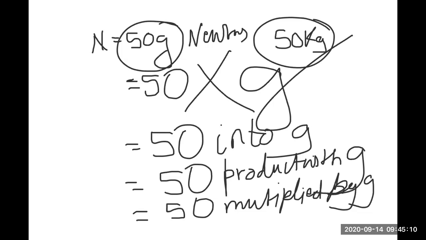Now, if you are using the value of g as 10 or 9.8 meter per second square, it simply means that you are using the SI units.